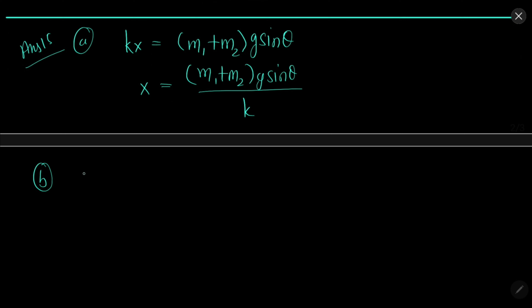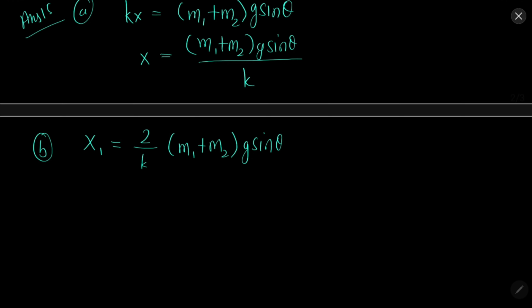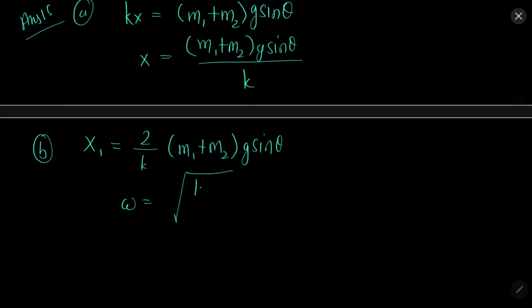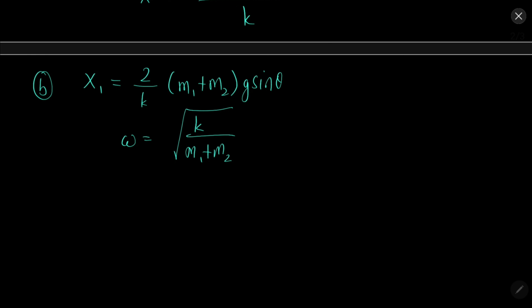B part, x1 equal to 2 over k, m1 plus m2 g sin theta. We know omega is root k over m1 plus m2.